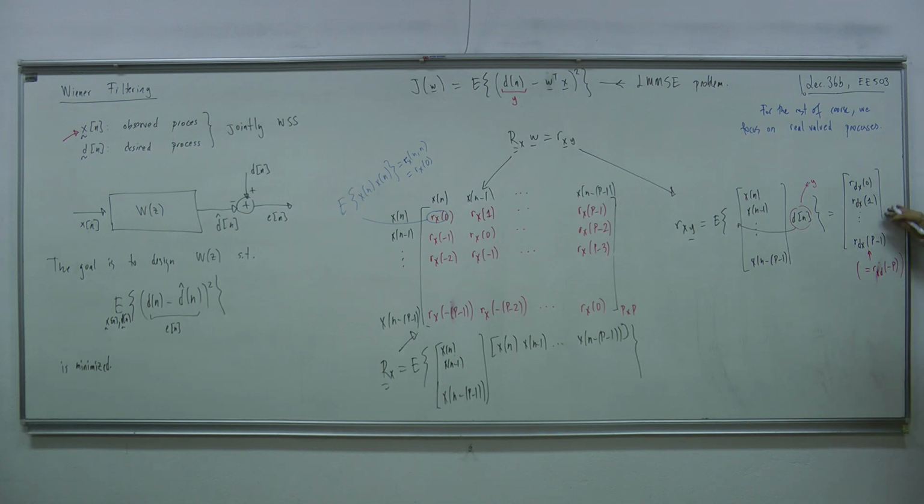This is p minus 1, and this is then, let me write it one more time, minus p minus 1. This is also equal to this for the real valued case, this times that.